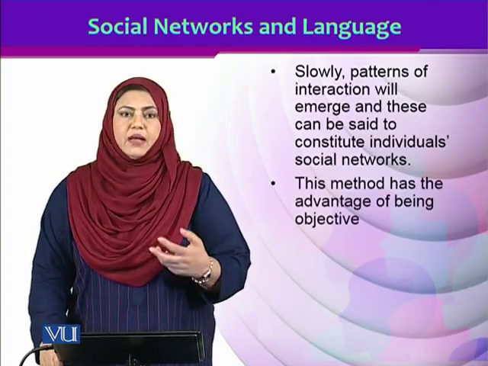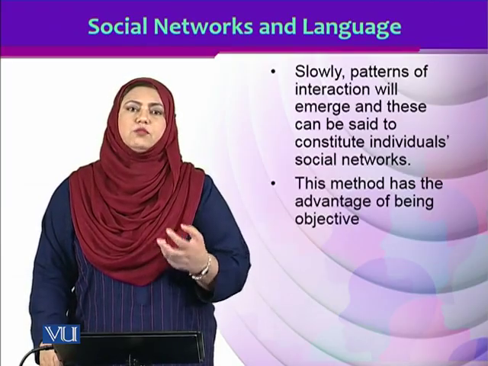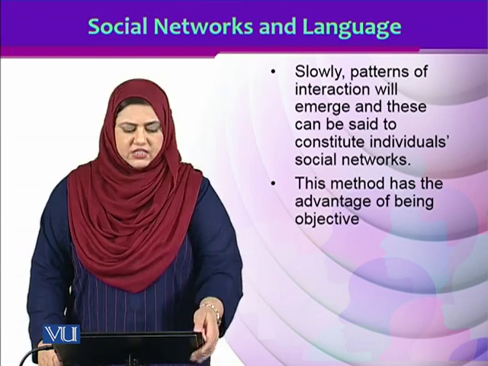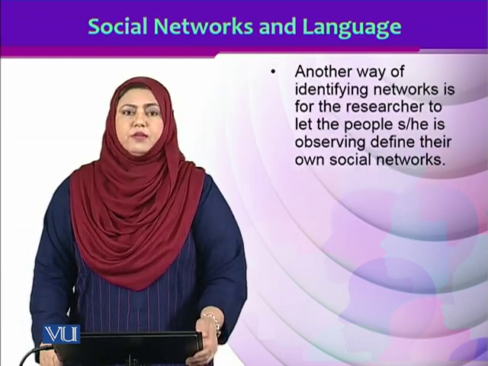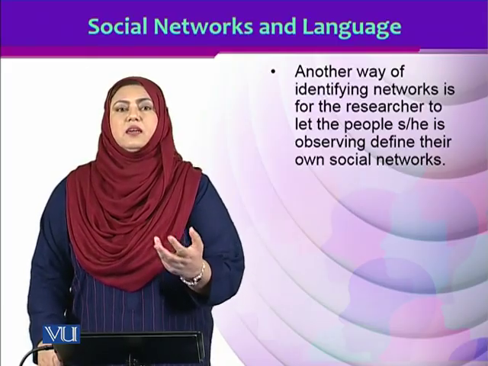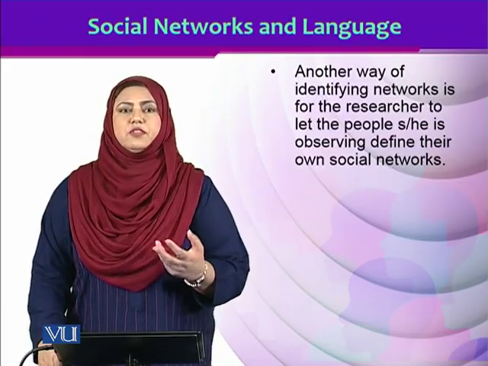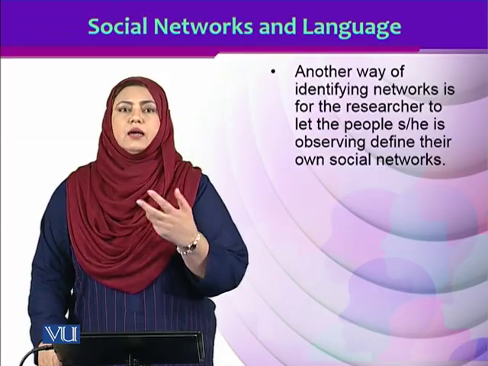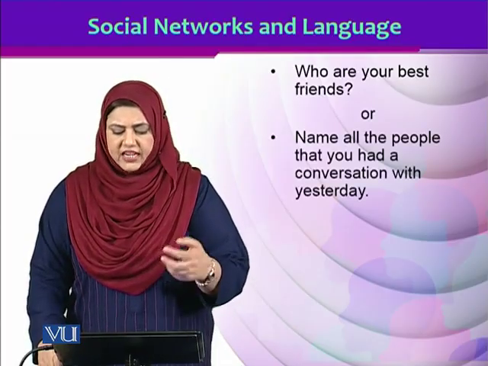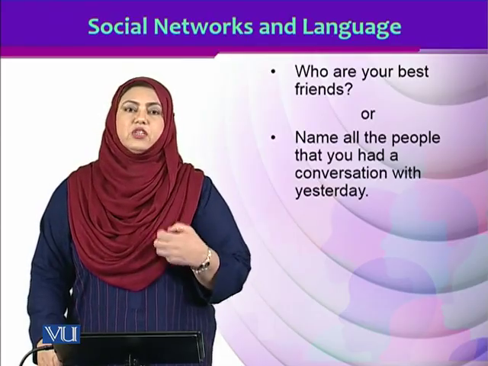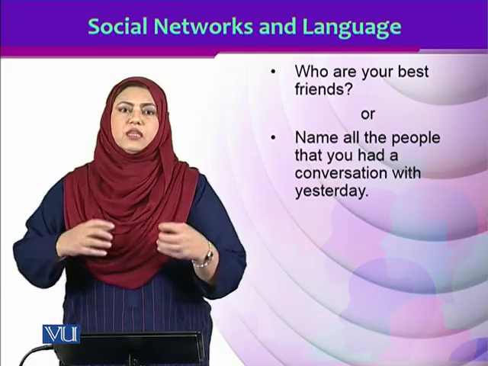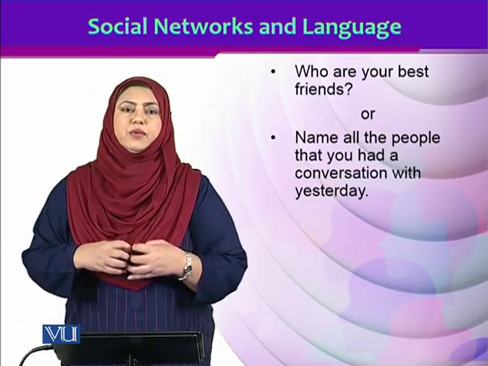This method has its own advantage in terms of being objective because the researcher is not taking sides. The other way of doing that is that you may ask the respondents or participants of a society who, for example, your best friends are, or to name all the people you had conversation with yesterday, etc. Through this, you can trace the processes and the patterns of networking.